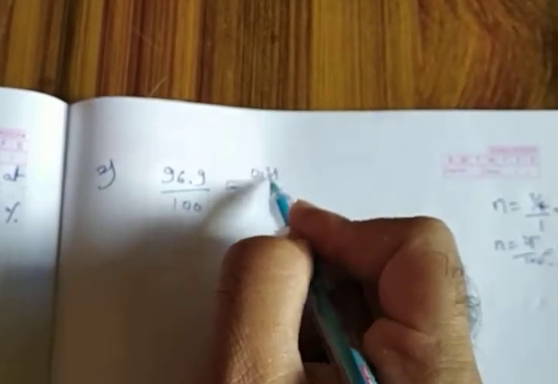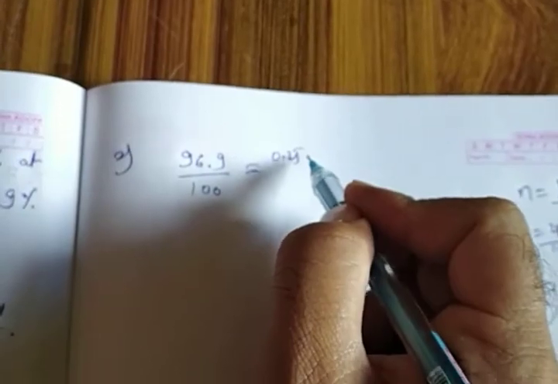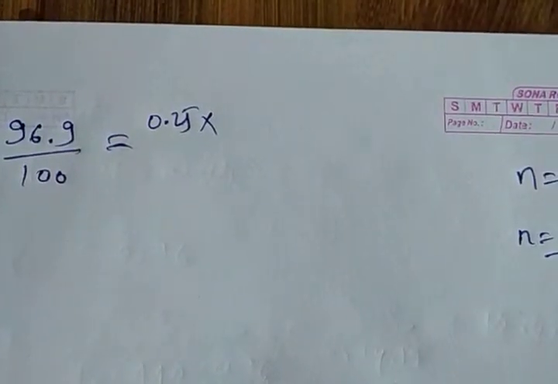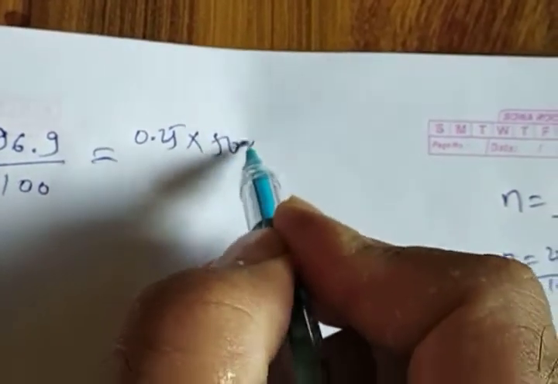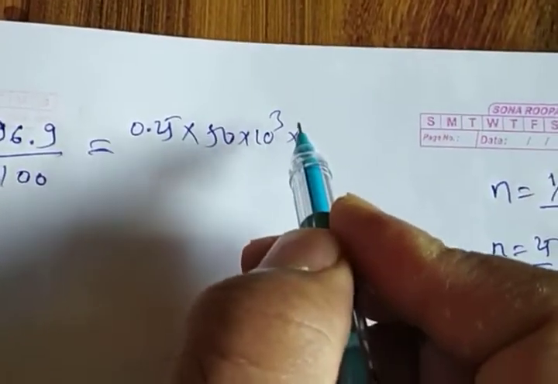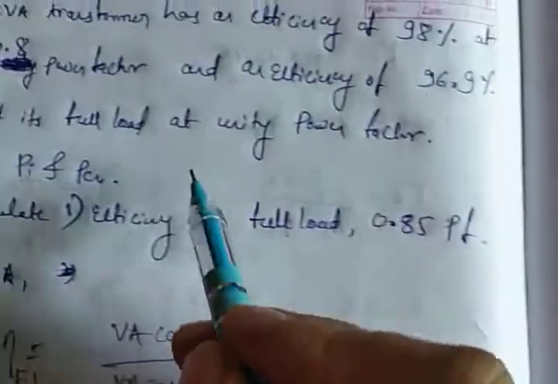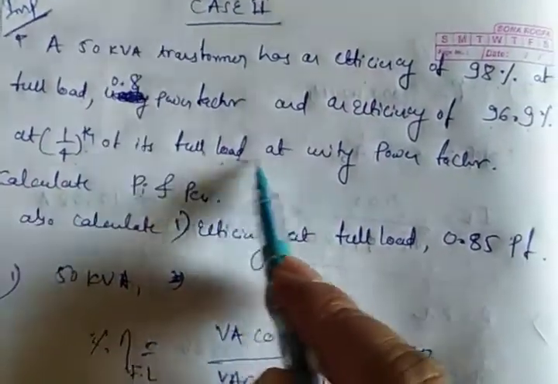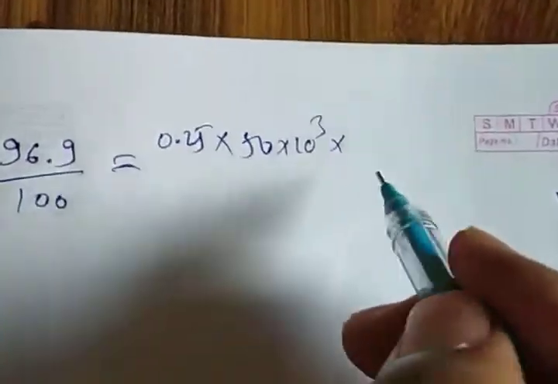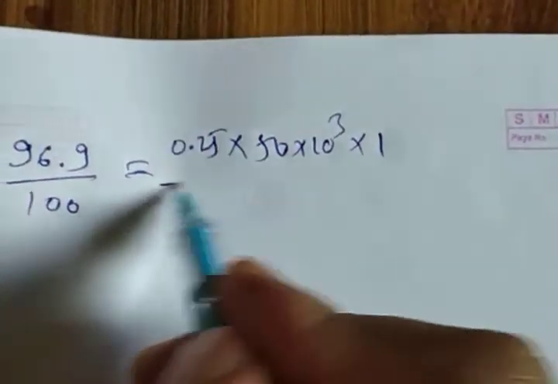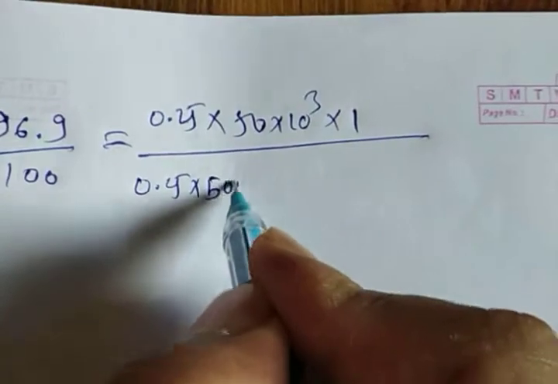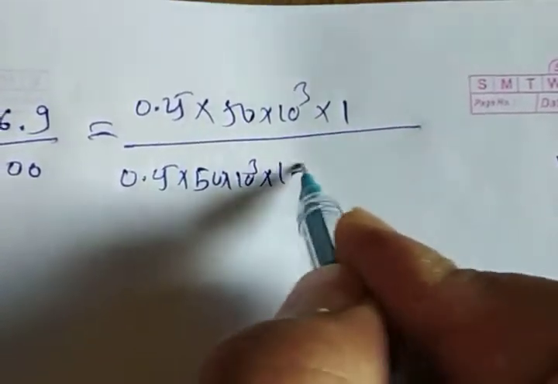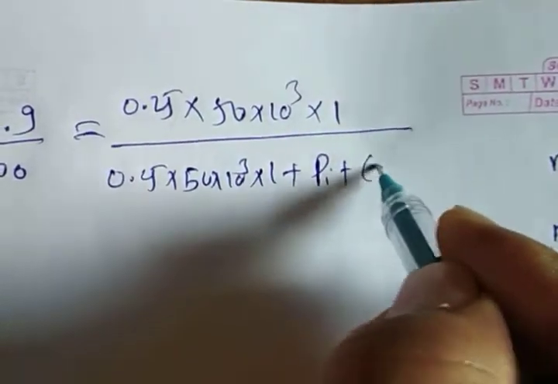So 1/4 means 25%, so 0.25 into VA, means 50 kVA, 50 into 10 to the power 3 into cos phi, unity is given. See here, 1/4 of its full load at unity power factor means the power factor value is 1, cos phi is equal to 1, divided by 0.25 into 50 into 10 to the power 3 into 1 plus Pi as it is plus n square PCU.